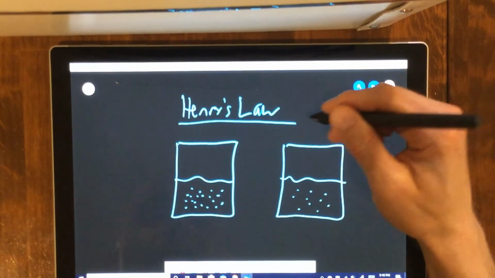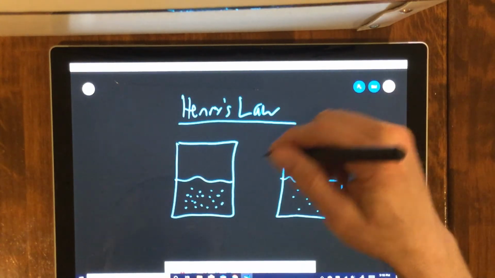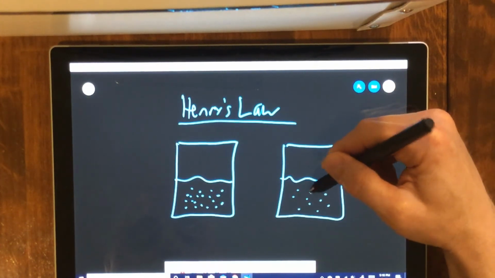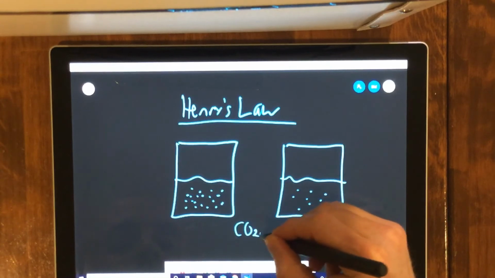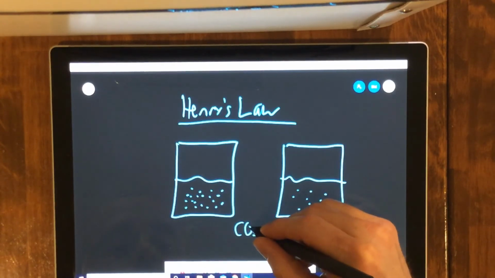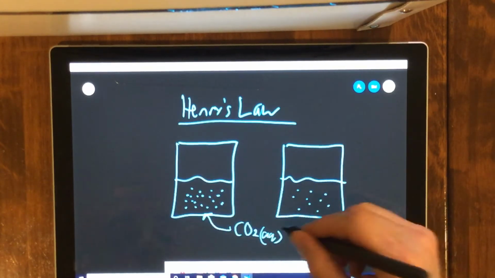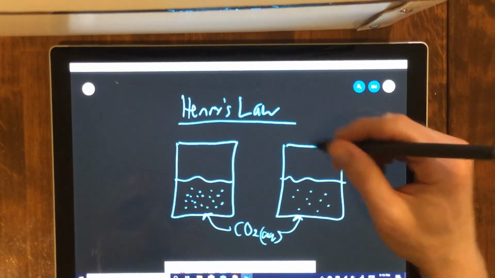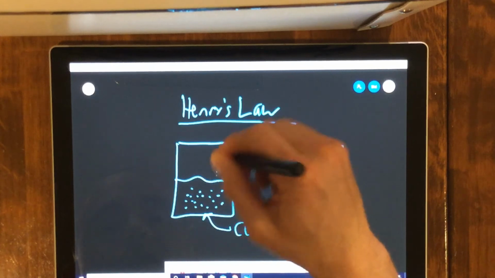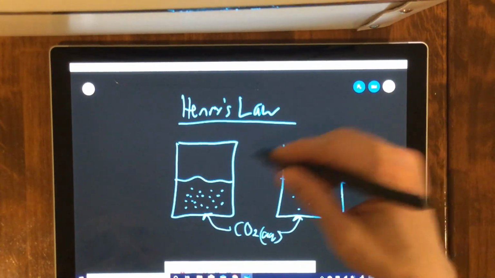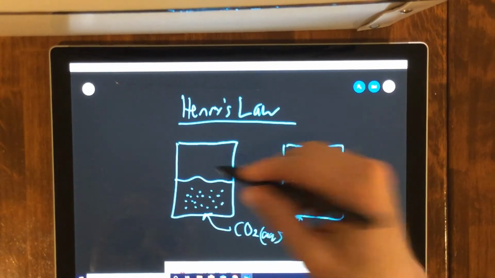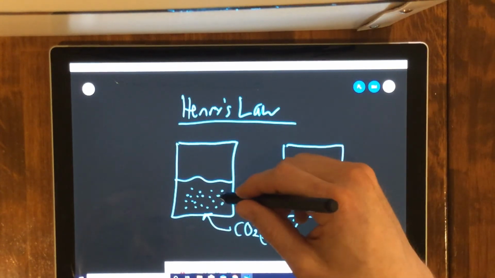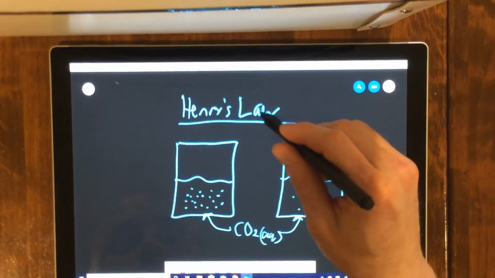What Henry's law basically states is, and let's say these are dissolved CO2, right? So in here we have CO2 aqueous, like in soda, which you should not drink, but soda has CO2 in it. So let's say this is soda down here, all right? Dissolved carbon dioxide. The greater the pressure above the solution, the more particles will be dissolved in solution. That's what Henry's law states.